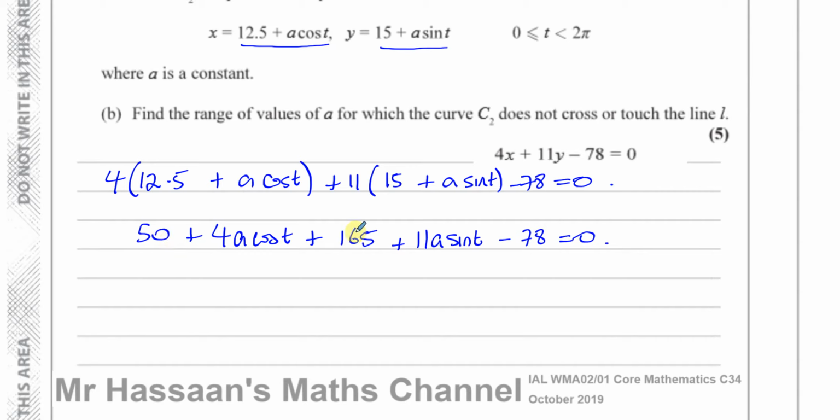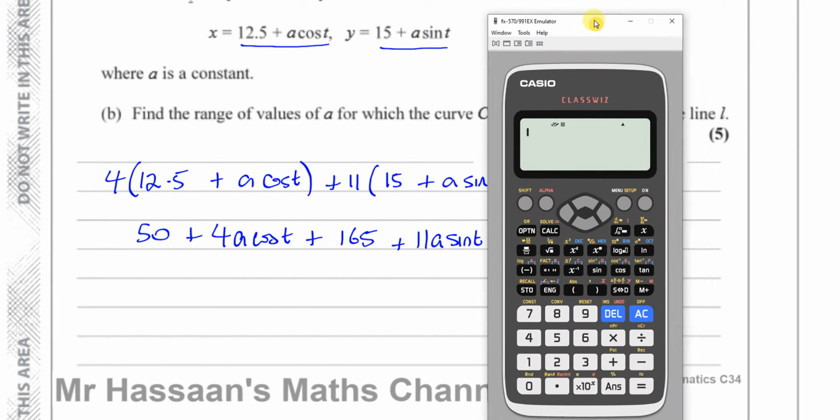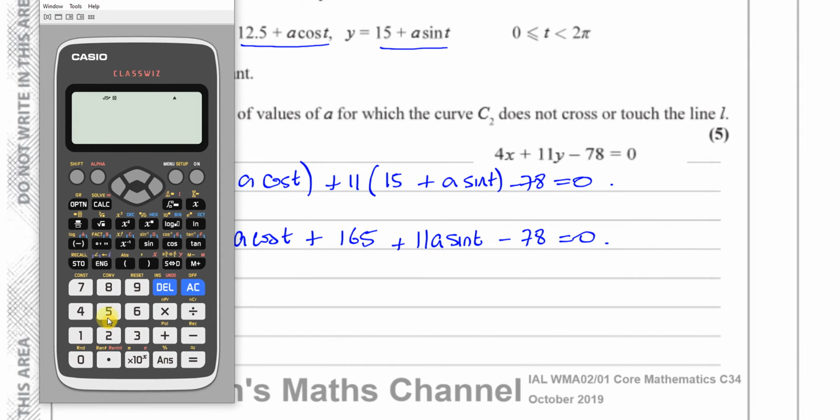So let's just simplify this a little bit. We've got 50 plus 165, that's 215. 215 minus 78, let me just go back to my trusty calculator. 50 plus 165 minus 78 gives us 137.